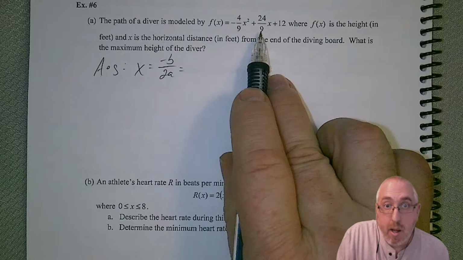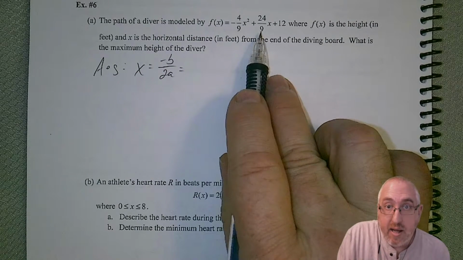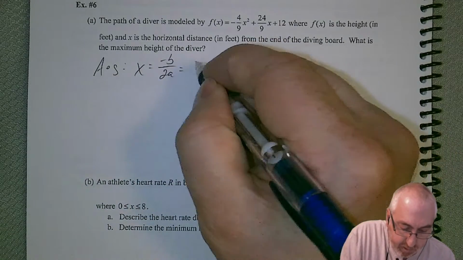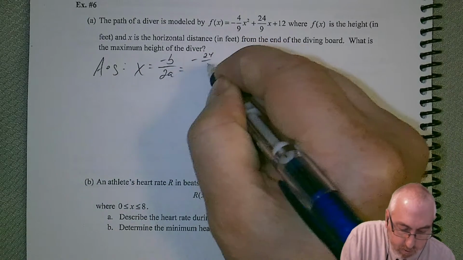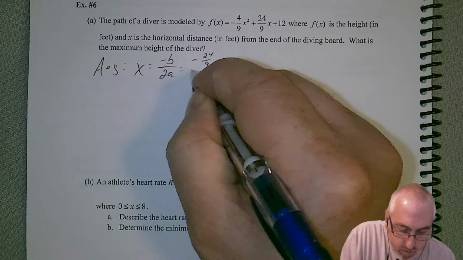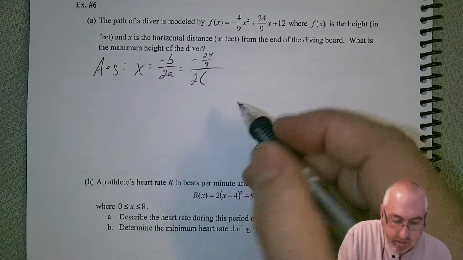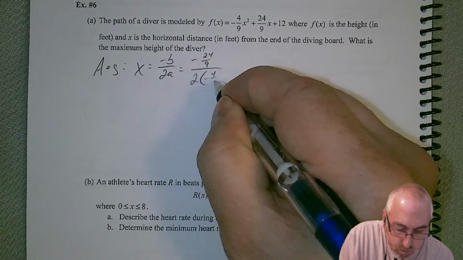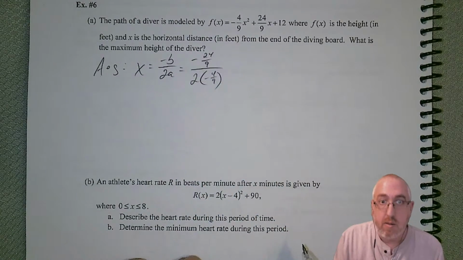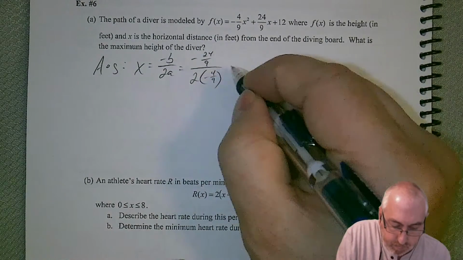In this case, b is positive 24/9, so we're just going to put a negative in front of that. And a, remember, was negative 4/9. So we just have to simplify this.